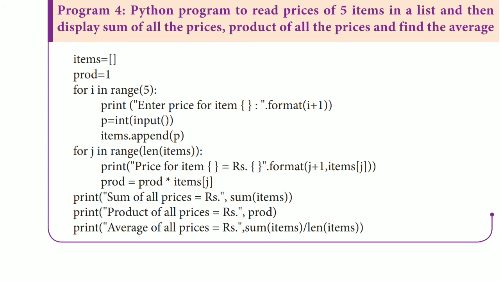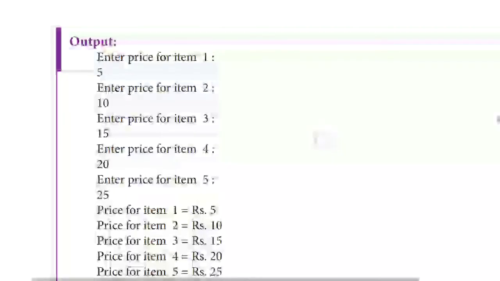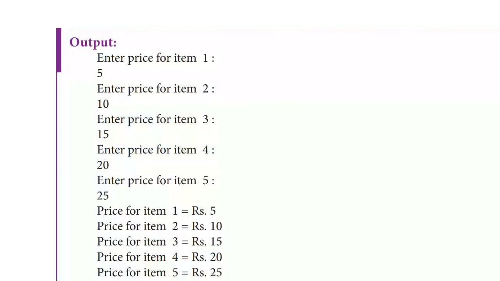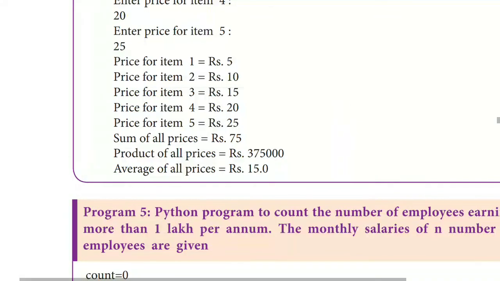So this will get the product and items in it. In the next page you can see the detailed output. Enter the price of first item 5, so it will get further. You can see that first it is getting the price of each item, and it gives you the entire total of it and also the average of products.